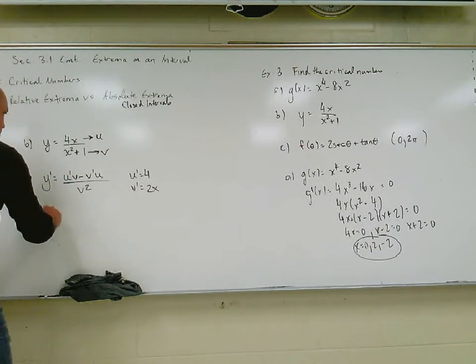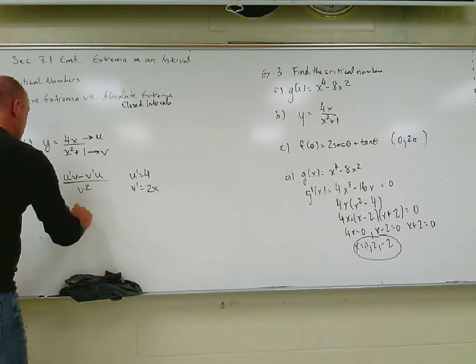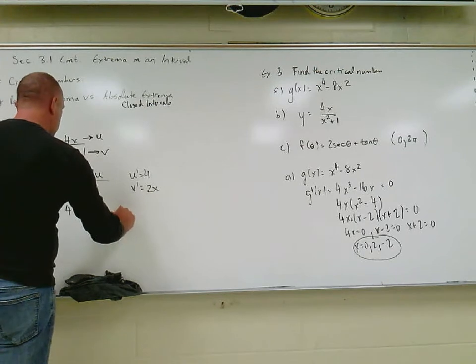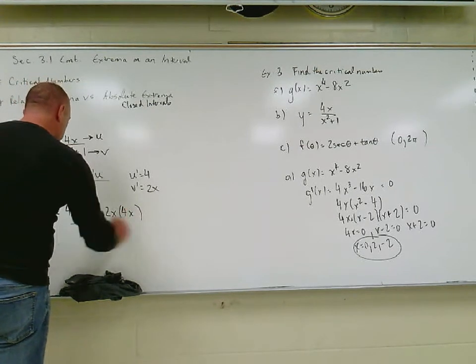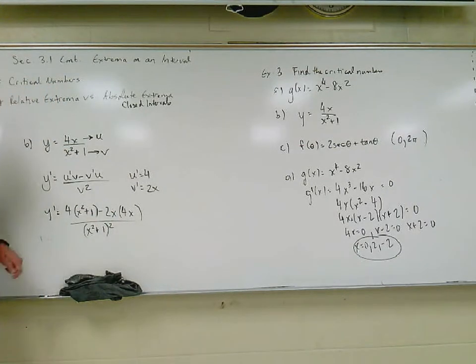Now I sub everything in. U prime 4 times V x squared plus 1, minus V prime 2x times U 4x, all over x squared plus 1 squared. Well, so I got my derivative. I'm going to clean up the numerator. It looks like I get 4x squared minus 8x squared is negative 4x squared.